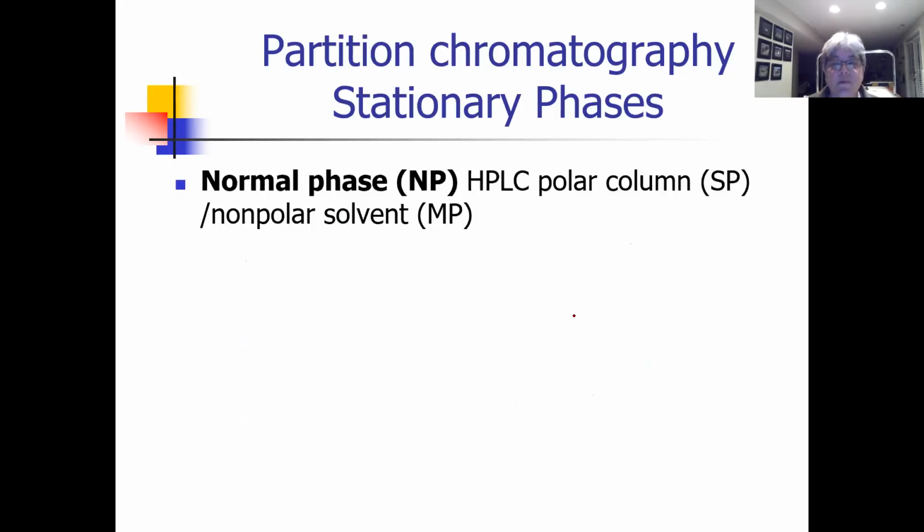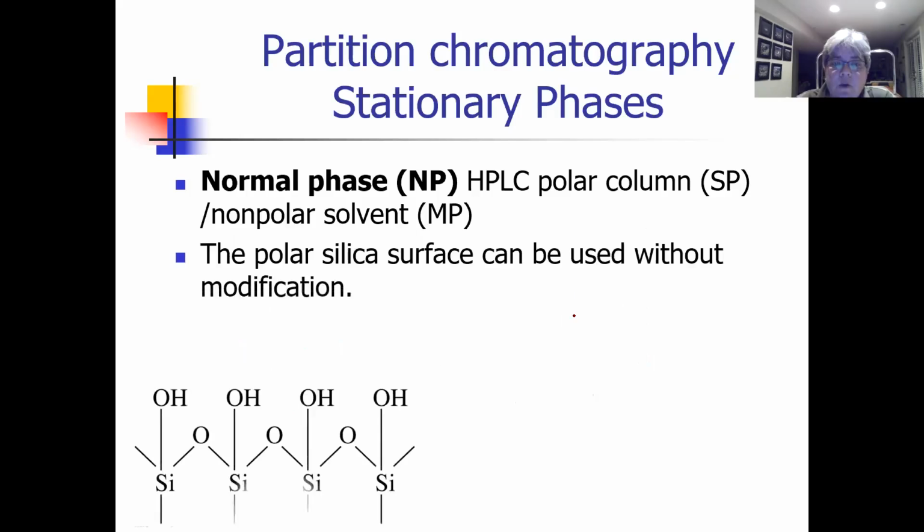So the first, remember, was normal phase. So in normal phase, your stationary phase is polar, and your mobile phase is nonpolar. So typical stationary phases might be that silica surface that's not modified.